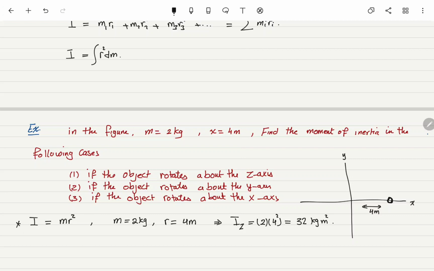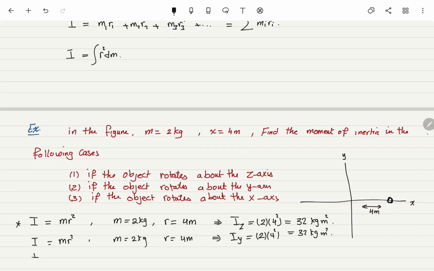To find the moment of inertia if the object rotates about the y-axis, I equal to the same rule, mr square, when m equal to 2 kilograms, r equal to 4 meters is the distance from the y-axis, and in this case Iy is the same answer as before, 2 times 4 square, which equals 32 kilogram meter square.